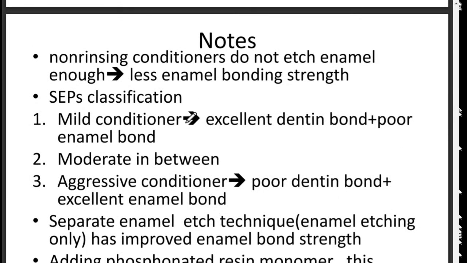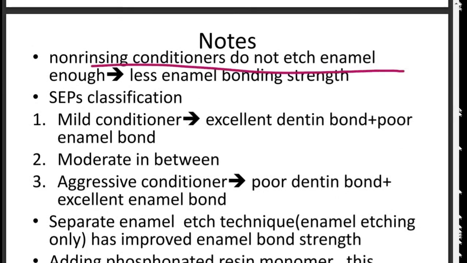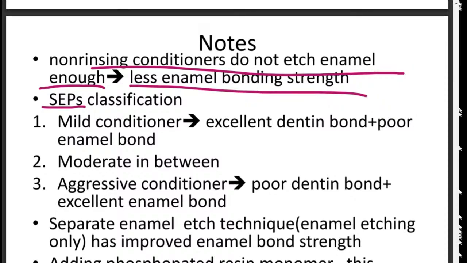Notes of nourishment condition: do not etch enamel enough, causing less enamel bonding strength. SEP classification.